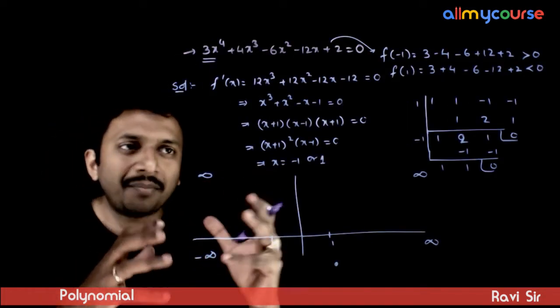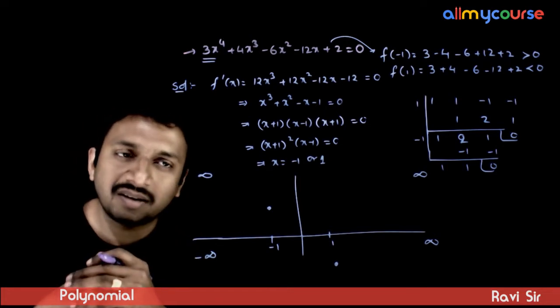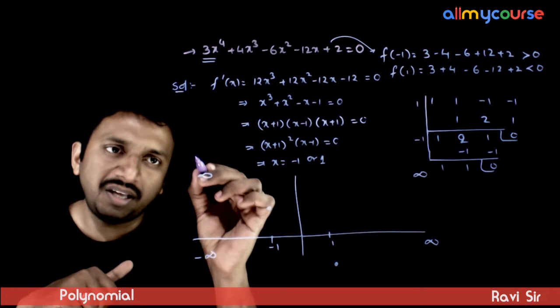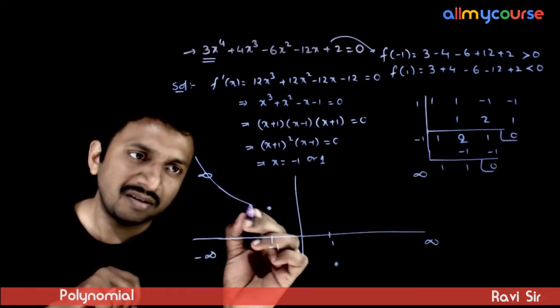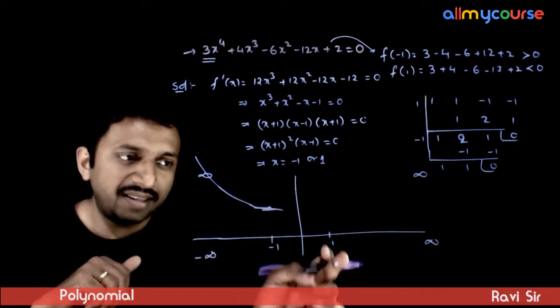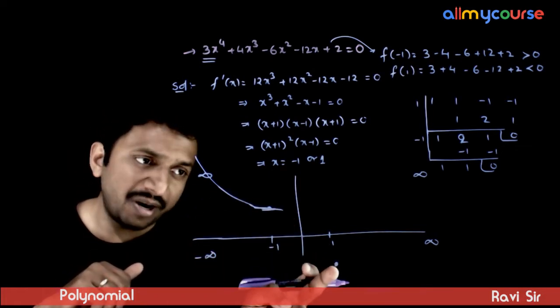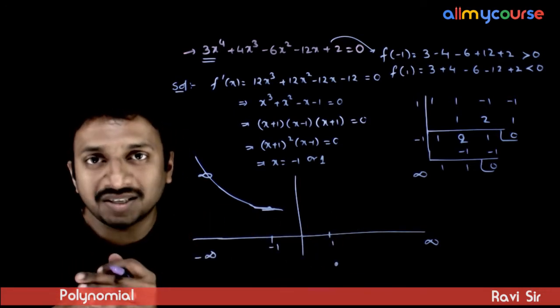So now let us combine all the information that we have to see how the graph looks. The graph starts from infinity here. It becomes somewhat stationary here. And then the next stationary point is at x is equal to 1, but the value at x is equal to 1 is negative.